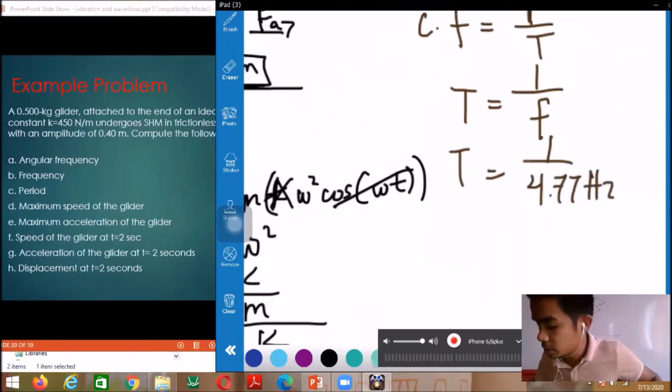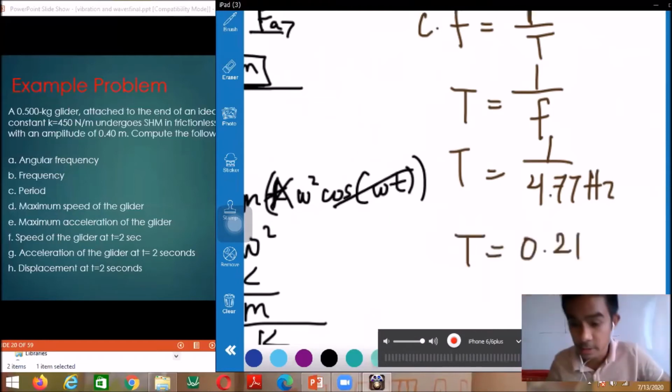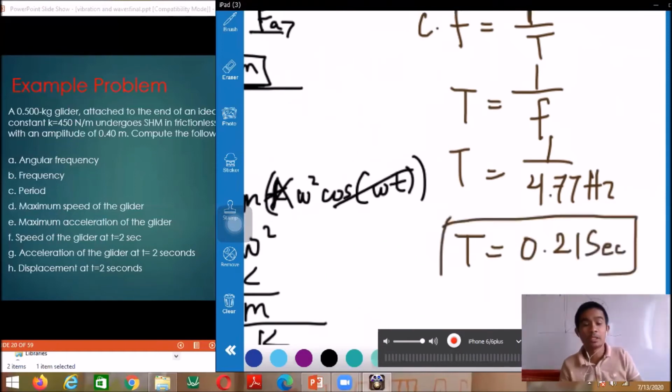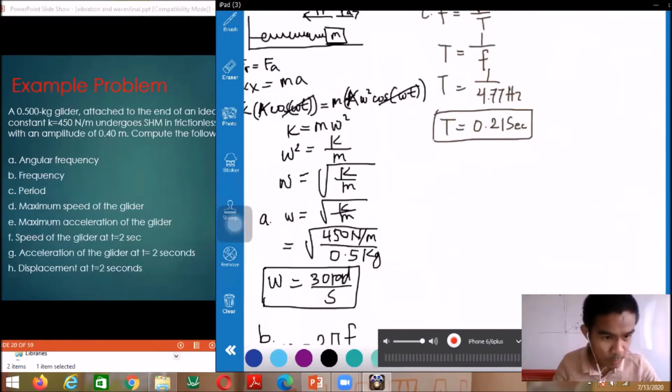So that's 1 divided by 4.77. The period equals 0.21 seconds. So it takes 0.21 seconds to move from the positive amplitude, to the negative amplitude, then back to the positive amplitude. So that's the period.